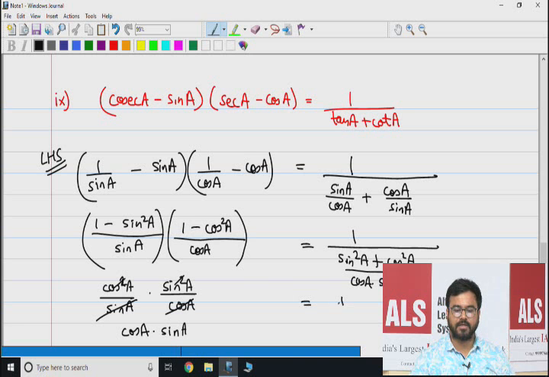So this is basically 1 upon 1 by sine A cos A, and if we simplify this one, that is nothing but cos A into sine A.